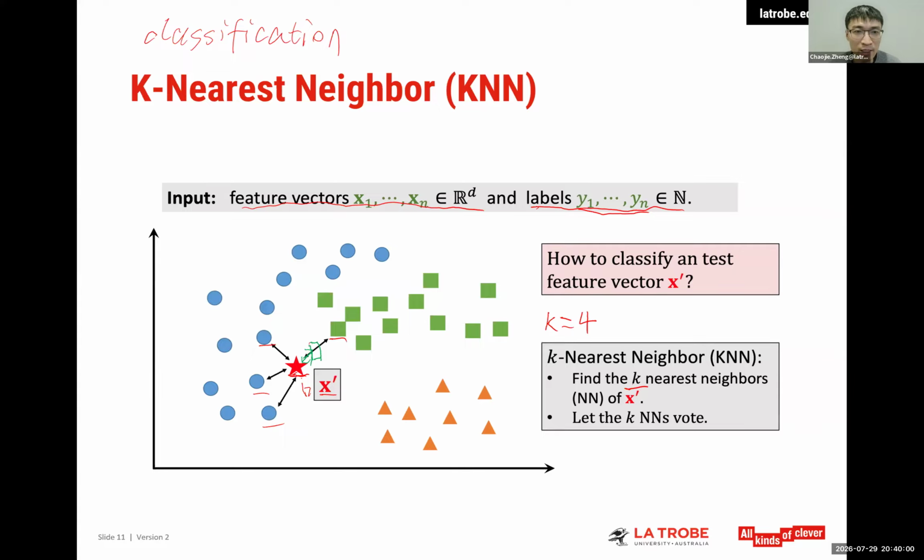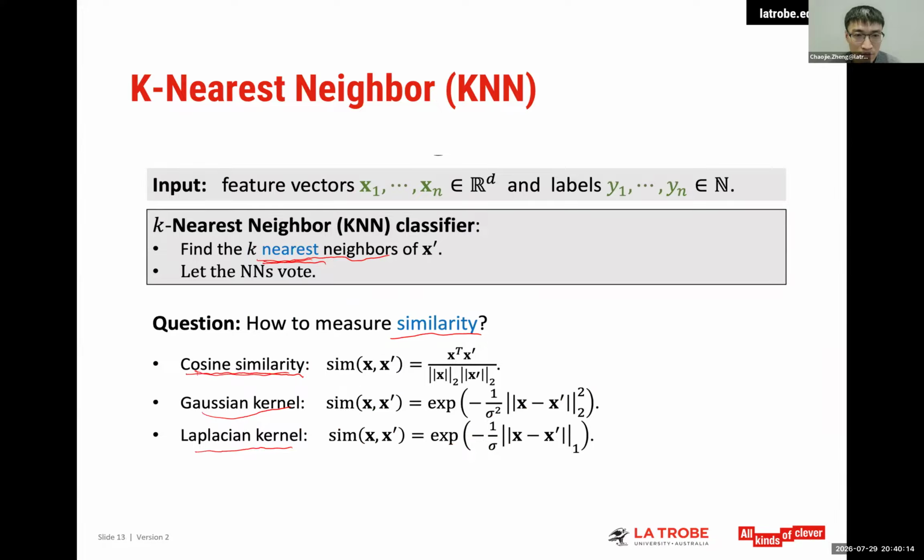We are expecting that the data point that is closer to the new data point would have a higher weight on its vote. So in that case, we will use the Gaussian or Laplacian kernel so that the neighbors can provide a weighted vote. The closer the data point, the higher the weight of its vote. So that's the different application for this similarity measure.